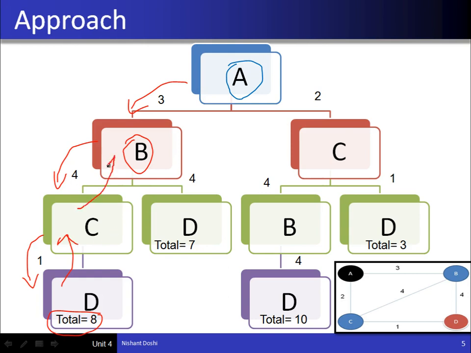Again we backtrack and see if there is another unexplored child of B, which is B to D. The moment we reach D, the path is 3 plus 4, so the total is 7. Again we don't need to explore further because we reached our destination.